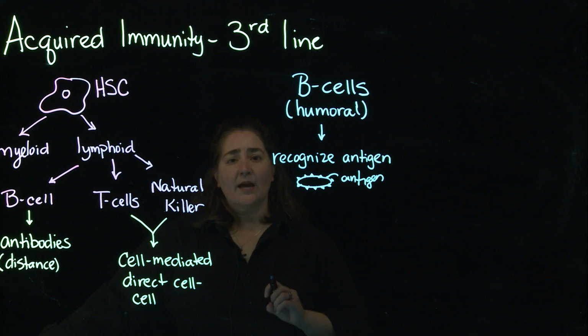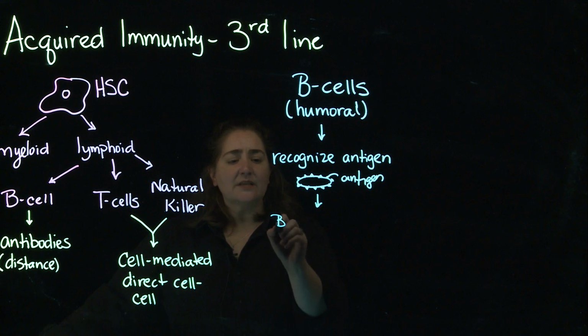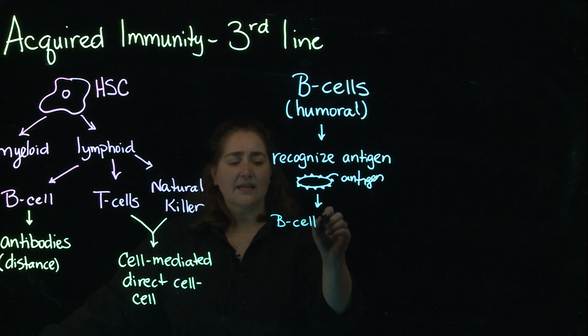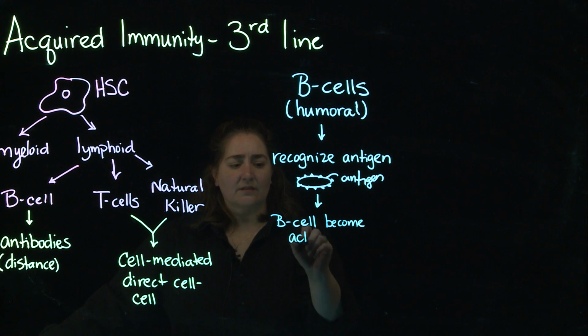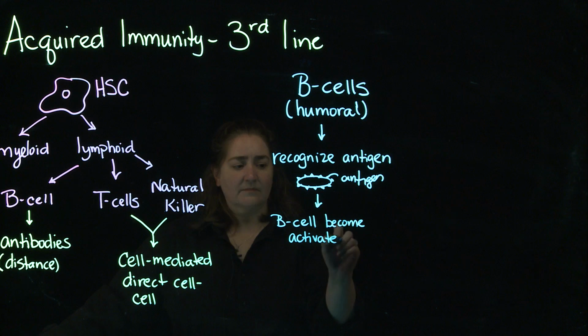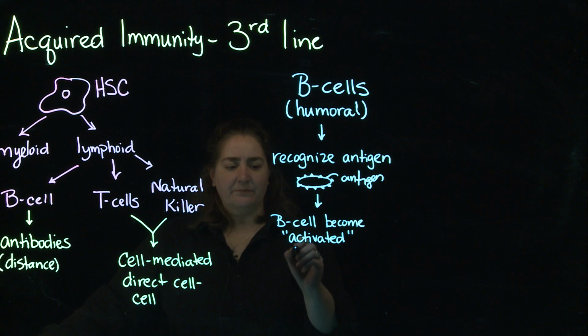And essentially what happens, that B cell is going to latch onto that, and then our B cell, through a series of steps, is going to become activated. There's going to be more associated with B cell activation that I'm going to want you to know about. But for right now, we're just going to call that B cell activated.